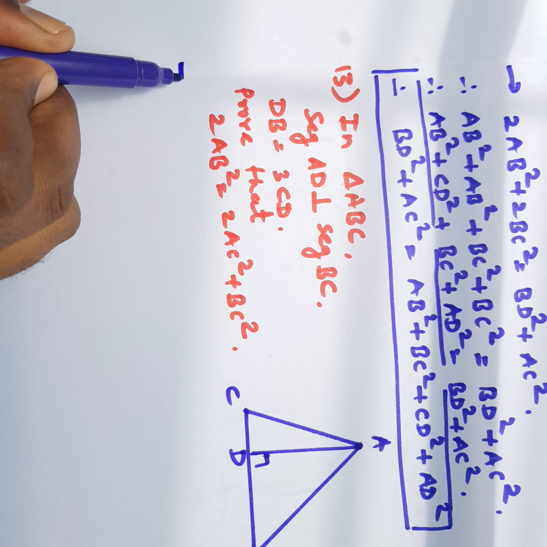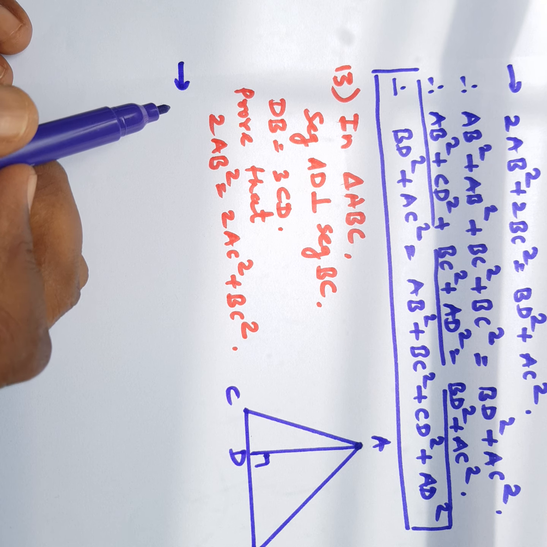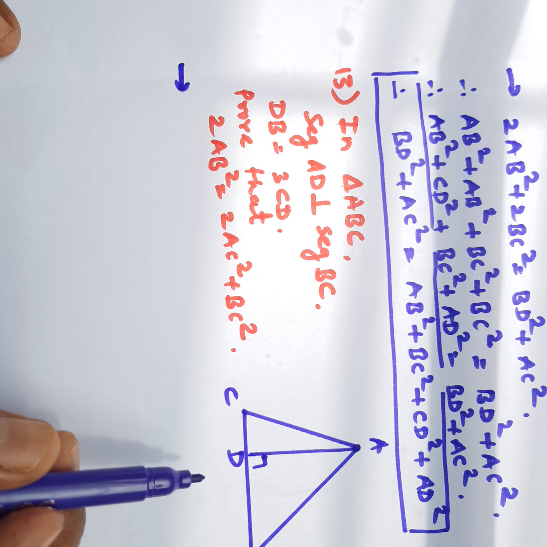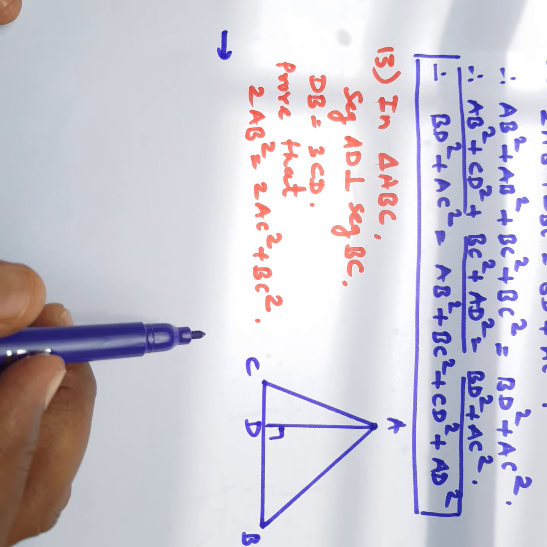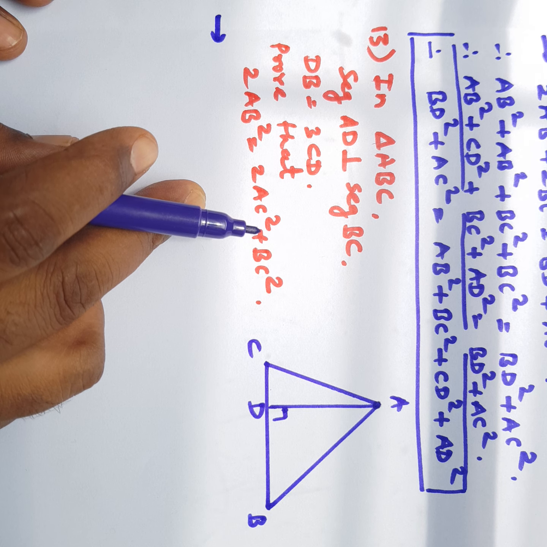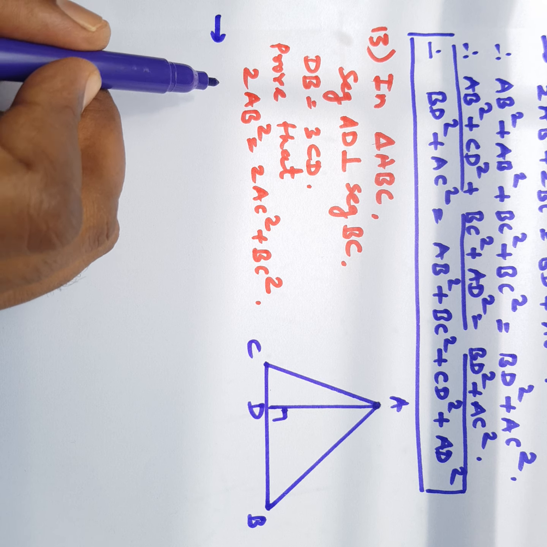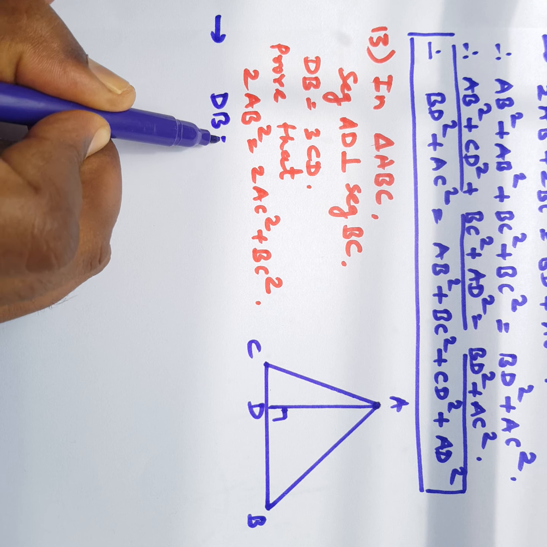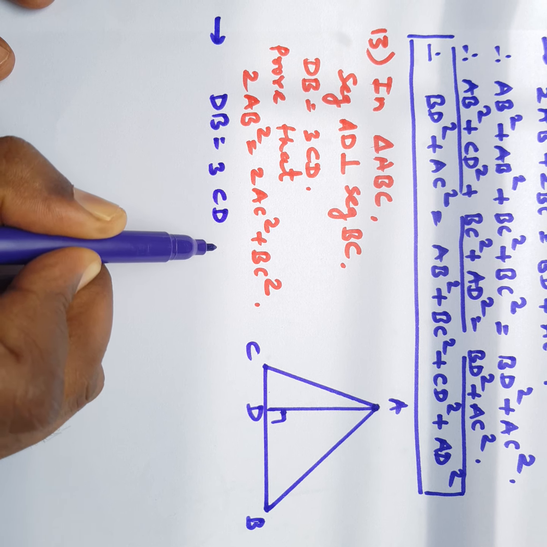Here we will write the proof of this property. Here it is given that DB is equal to 3CD.